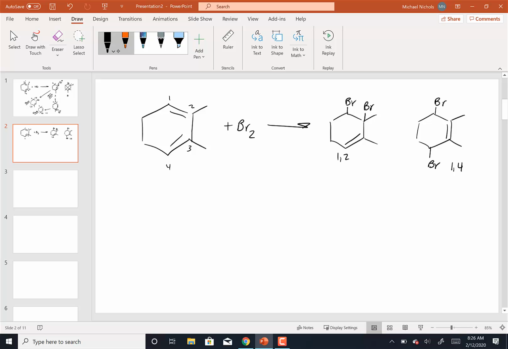Because what we remember is, where did the bromine that added to carbons 2 and 4 come from? They came from a carbocation, right? So if they came from a carbocation, what led to the 1,2 product? What led to the 1,2 product is adding the bromine there, having the plus charge there on carbon 2, and the other carbocation for the 1,4 product.